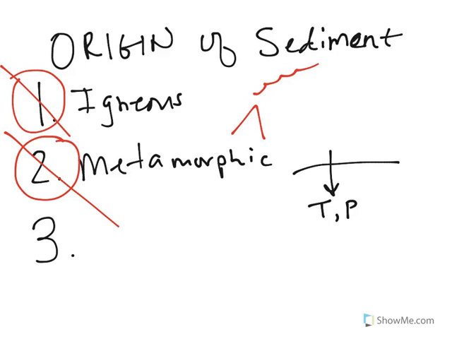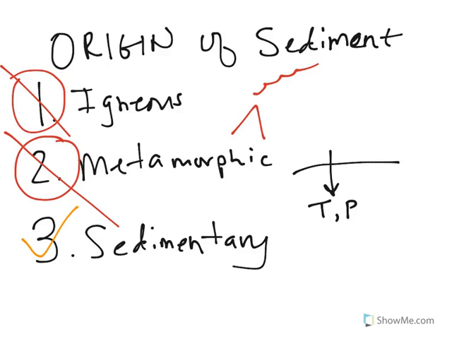However, what we are going to concentrate on are sedimentary rocks. Sedimentary rocks are rocks that generally form from the erosion of other rocks. So what that means is I have rocks sitting here at Earth's surface. Okay, we have our tree.